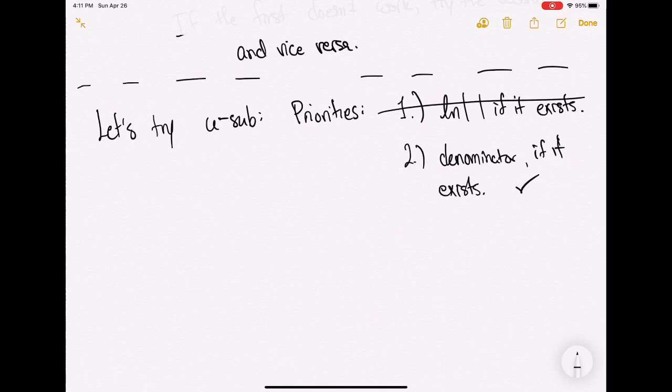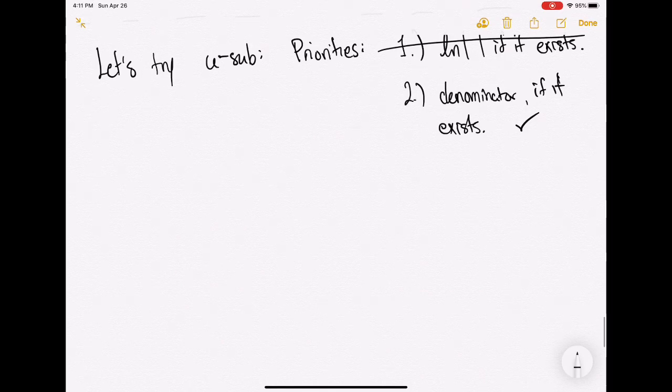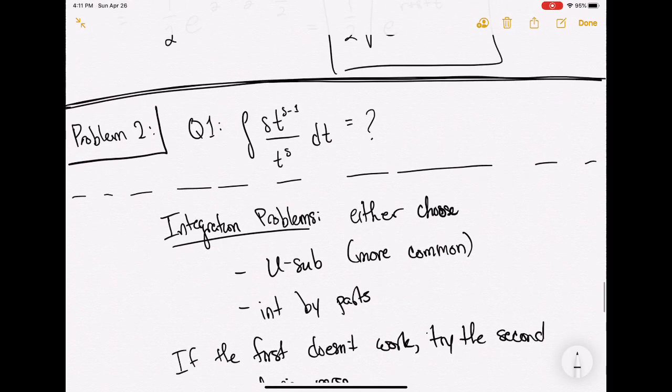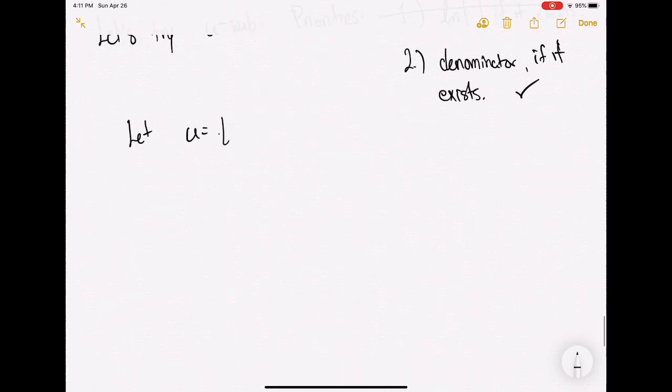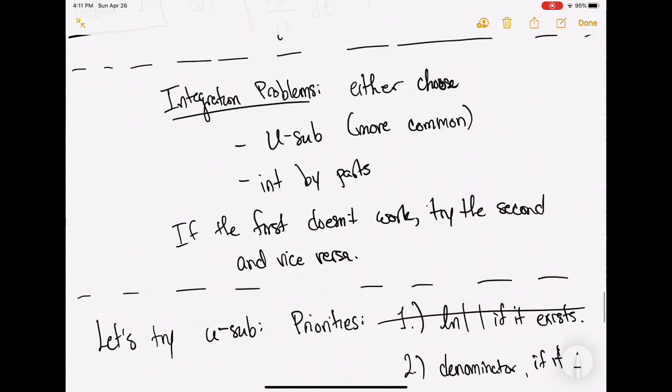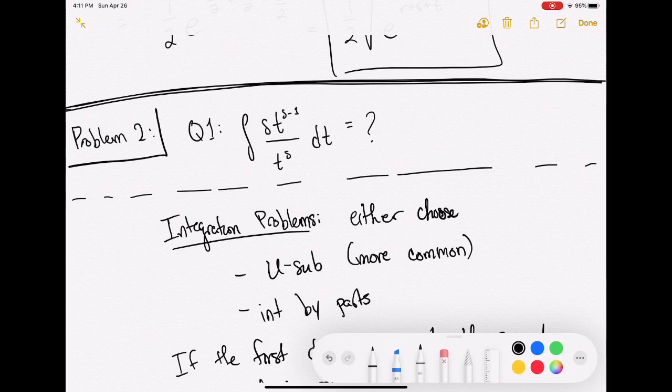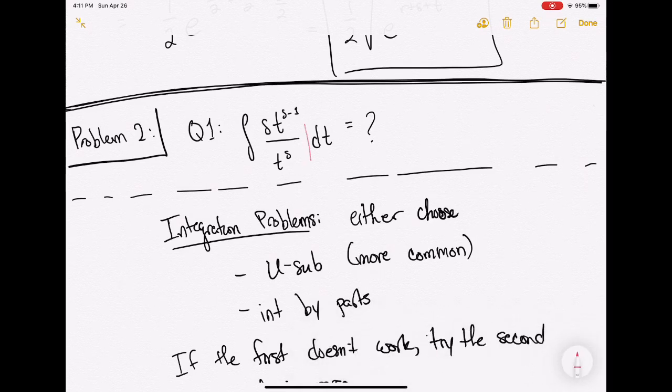And it does. So we're going to let u equal, what is our denominator? It's t to the s. And then, I mean, the important thing here, maybe I'll write a note. dt means t, not s, is our variable. And s is just a number.